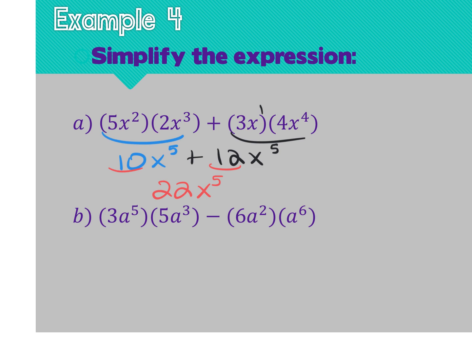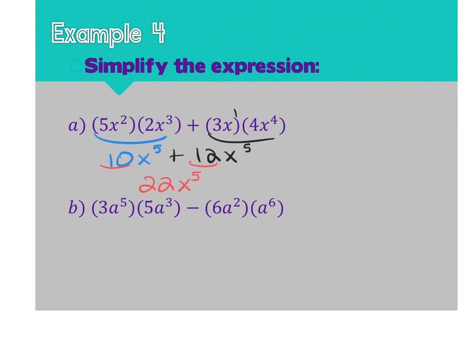Now, let's say the answer became 10x to the 5th and 12x to the 4th. That would be in simplest form. These are not like terms, so I would have left that one alone. The only time I can combine terms is when they're like terms and they have exactly the same variable with exactly the same exponent.